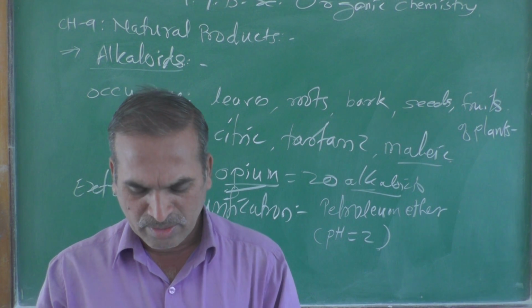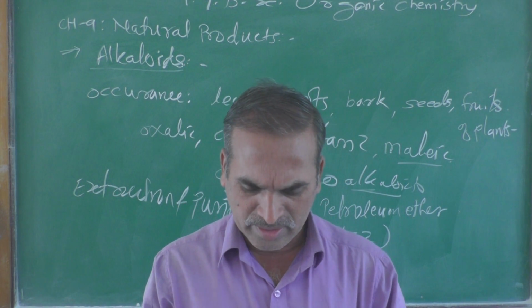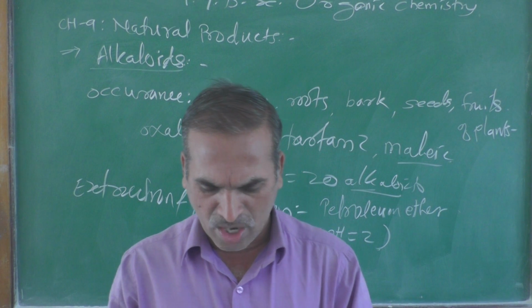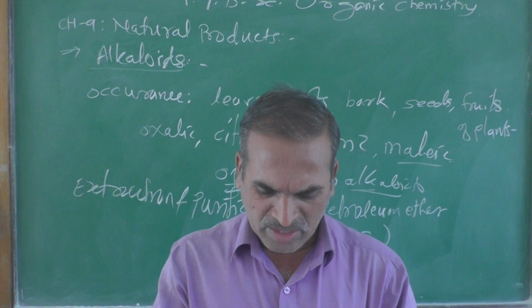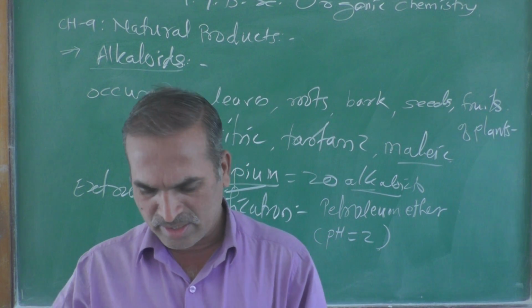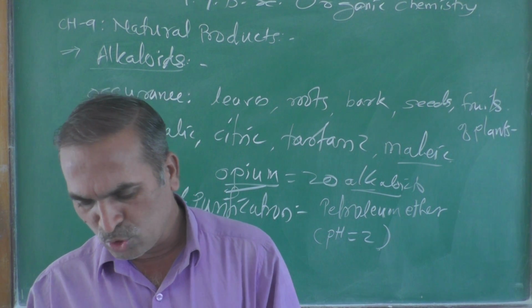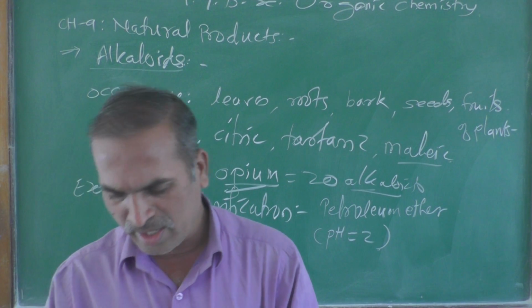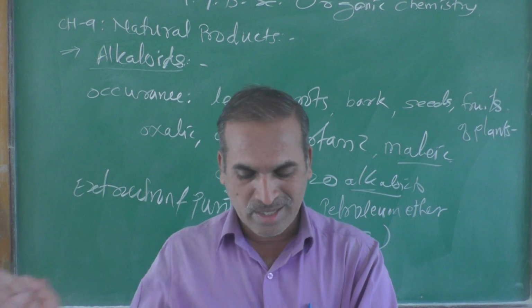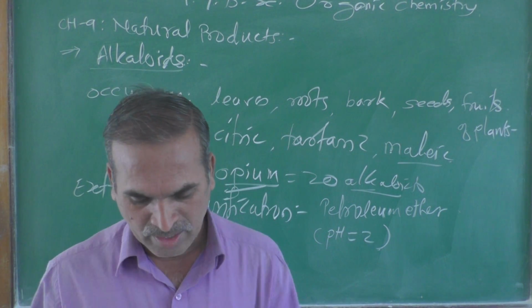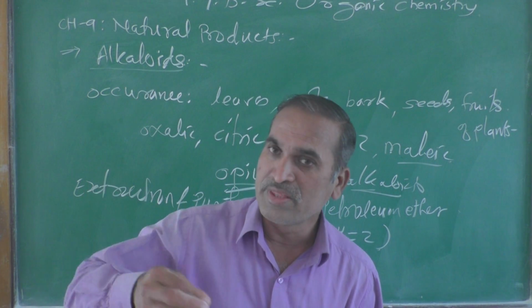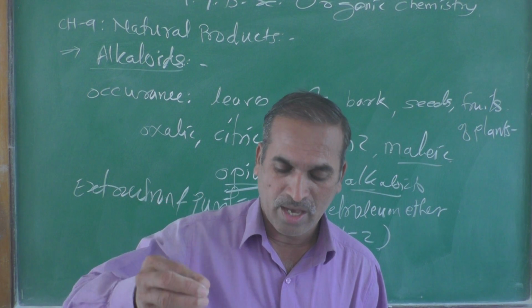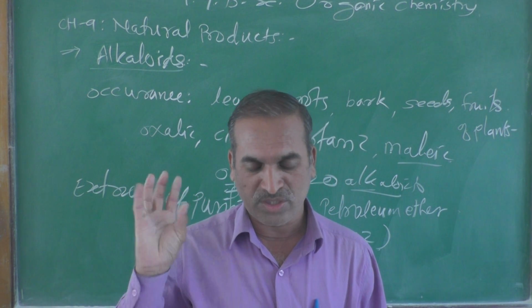One is the methyl alcohol part containing the alkaloids, which is distilled off to remove the methyl alcohol, and the residue, cellulosic material, is rejected.